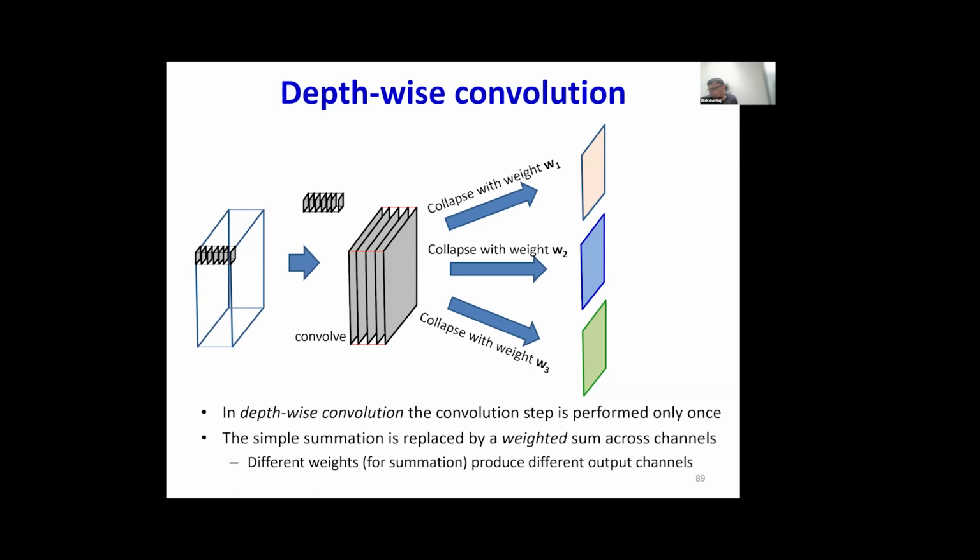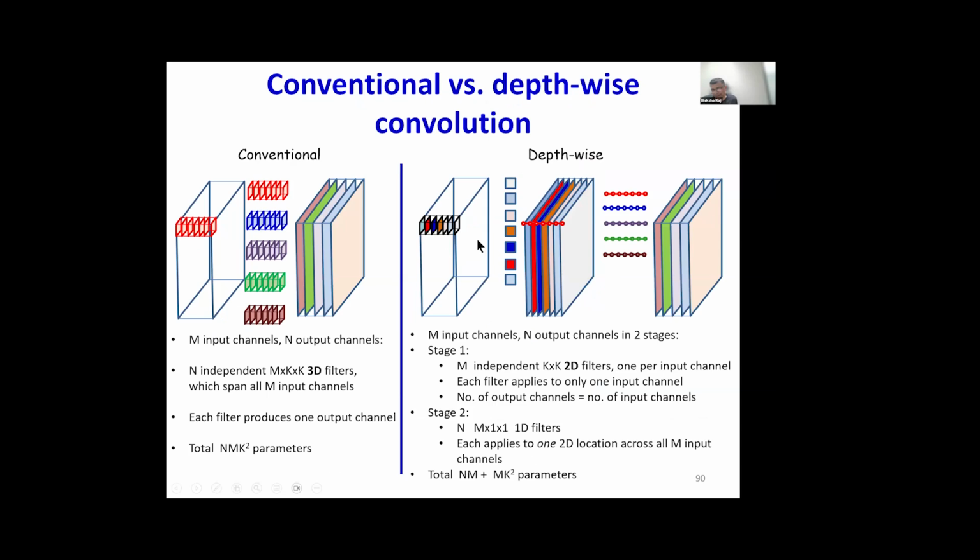Right. And so here's what we have. In the conventional CNN, if I have 5 filters, and say in this case 7 input channels, each of these 5 filters is going to perform 7 convolutions, and the result is going to be 5 output channels.